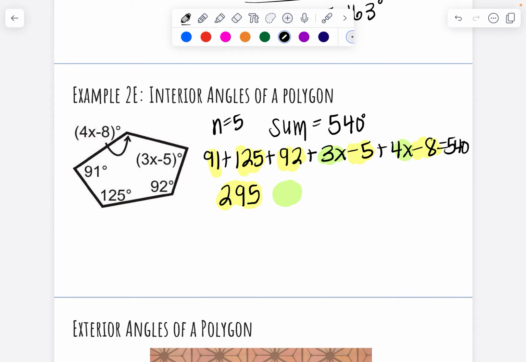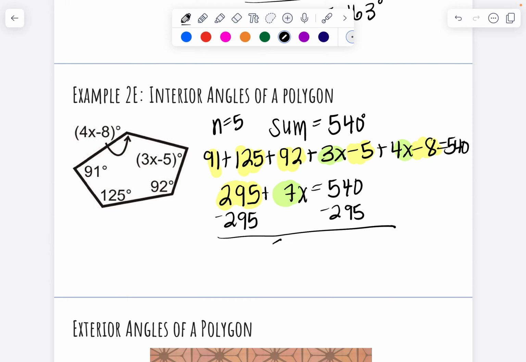So this would end up being 295 plus 7x equals 540. So taking 295 from each side, I would get that 7x is 245. And then dividing by 7, I would get that x is 35.